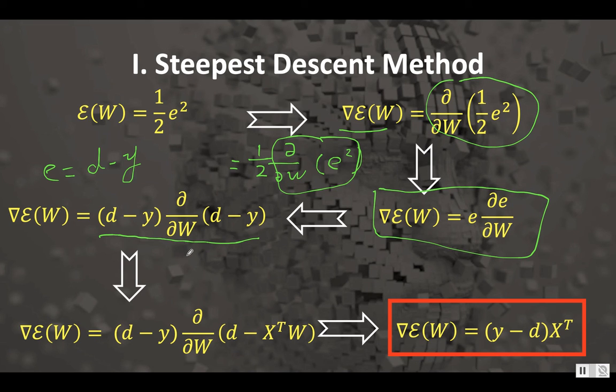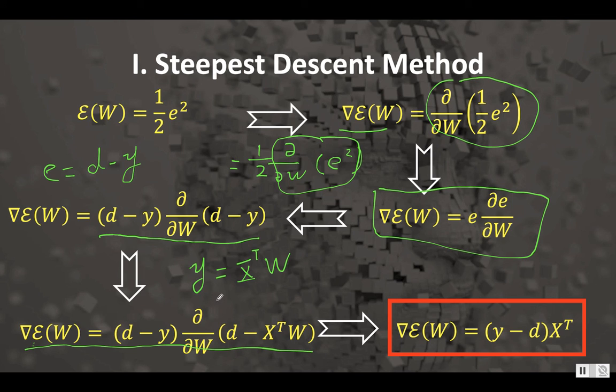Since we know y is nothing but equal to the transpose of x multiplied with w, if we replace y with this equation, we will get the gradient of epsilon w.